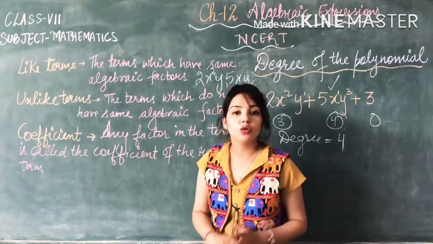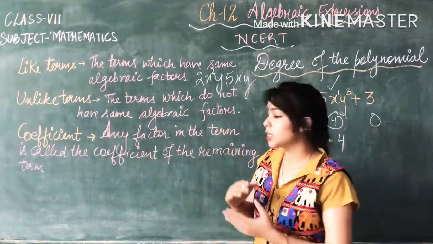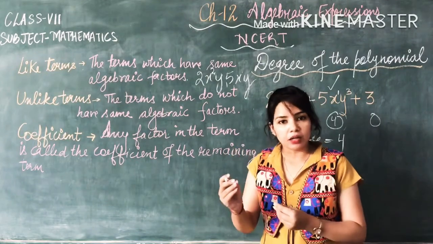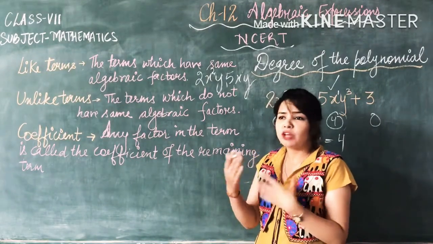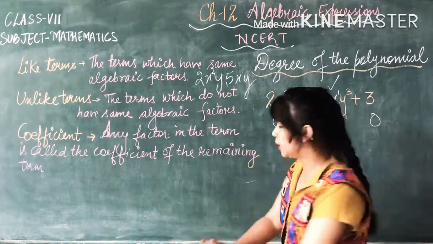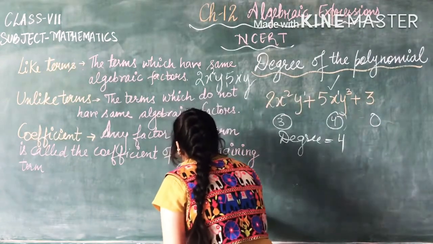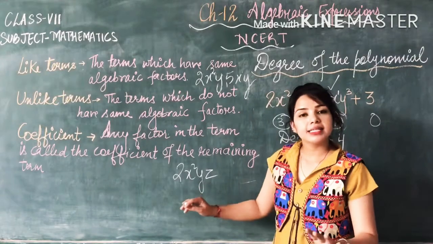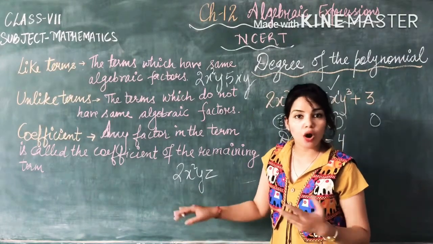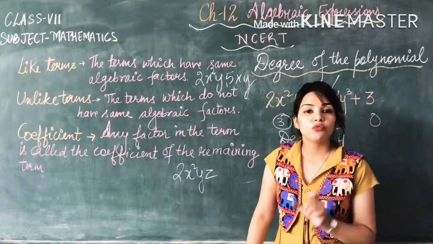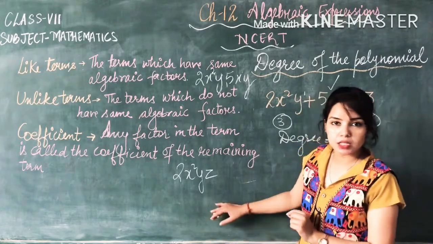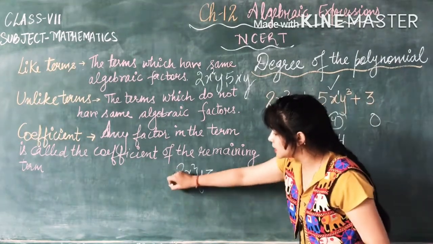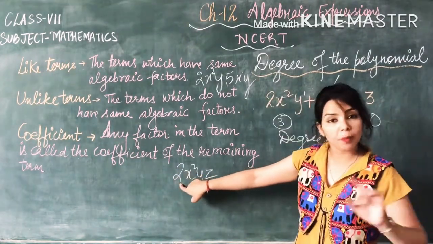The next thing is the coefficient. Coefficient is a factor. Let's take this example, 2x square yz. If I ask what the numeric coefficient of this term is, numeric coefficient means the number in this term. So what is the number in this term? 2. So 2 is the numeric coefficient.